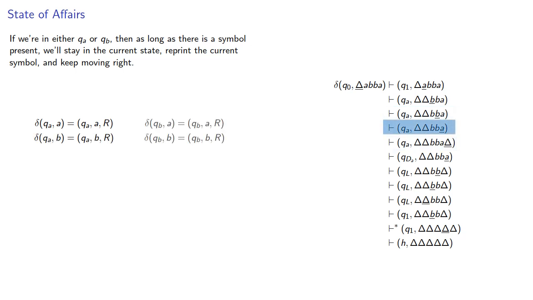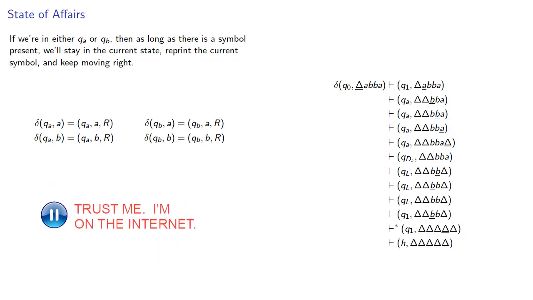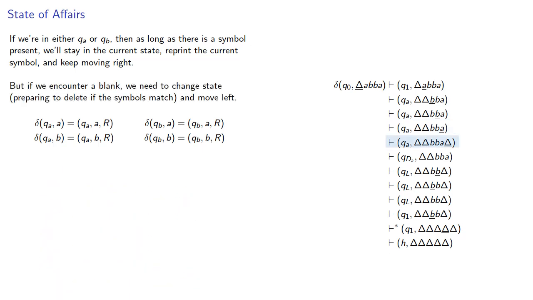And likewise, if we're in state QB. But if we encounter a blank, we need to change state, preparing to delete the symbols if they match, and move left. So if we're in state QA and encounter that blank, we get ready to delete the last symbol if it's an A, we print the blank, and move left. And likewise if we're in state QB.